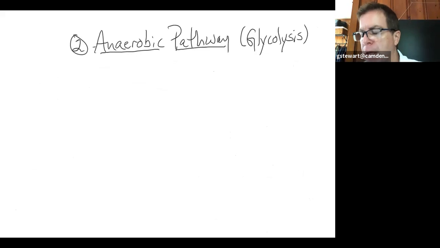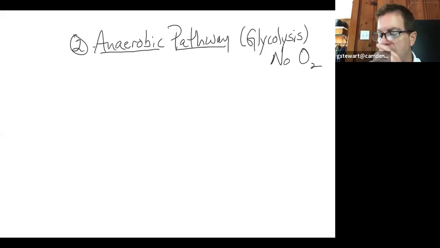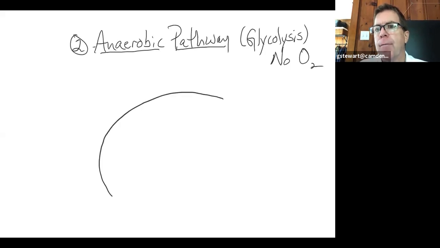I will give you the key points and remind you that anaerobic says no oxygen necessary, no oxygen needed. When we have a cell, any cell in the human body, this is a quick review of glycolysis.